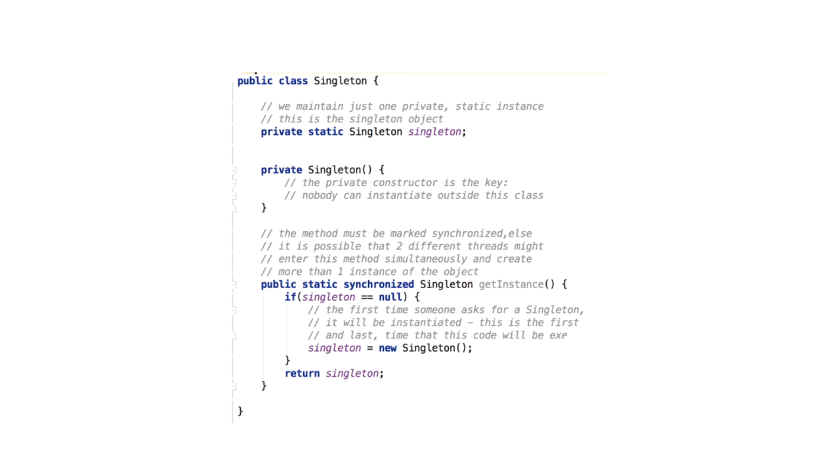So we have a singleton member variable which is static, of type Singleton, and private. We have a private constructor. We haven't seen that before, but we'll talk about it. And we have a getInstance method which creates an instance of Singleton if one didn't already exist, and the access to that is synchronized. Now let's see each of these in turn.